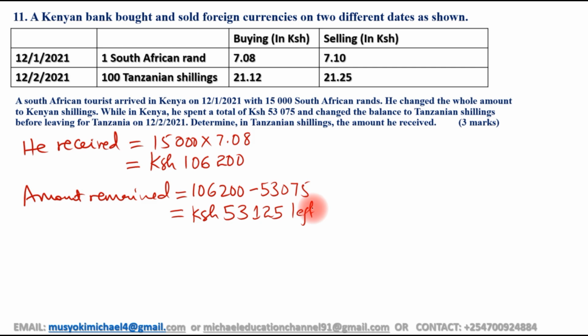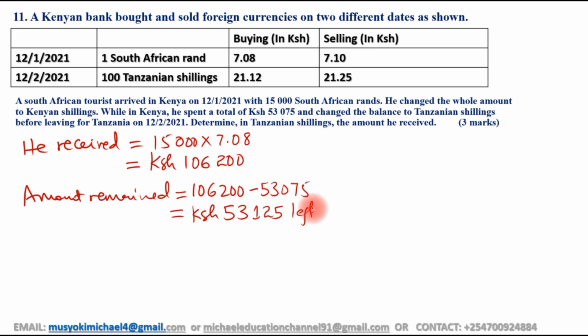And now since he had to travel to Tanzania, he had to change the Kenyan currency to a foreign currency, which is Tanzanian. So the bank will sell the Tanzanian currency to that particular tourist.